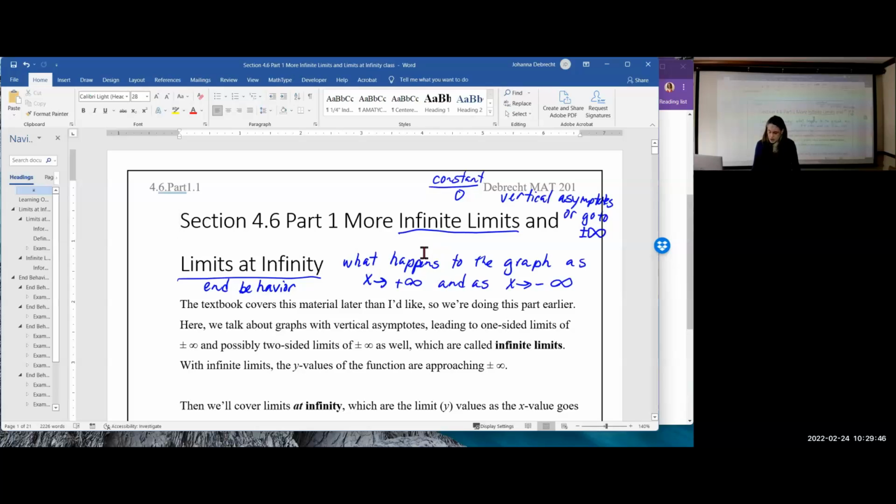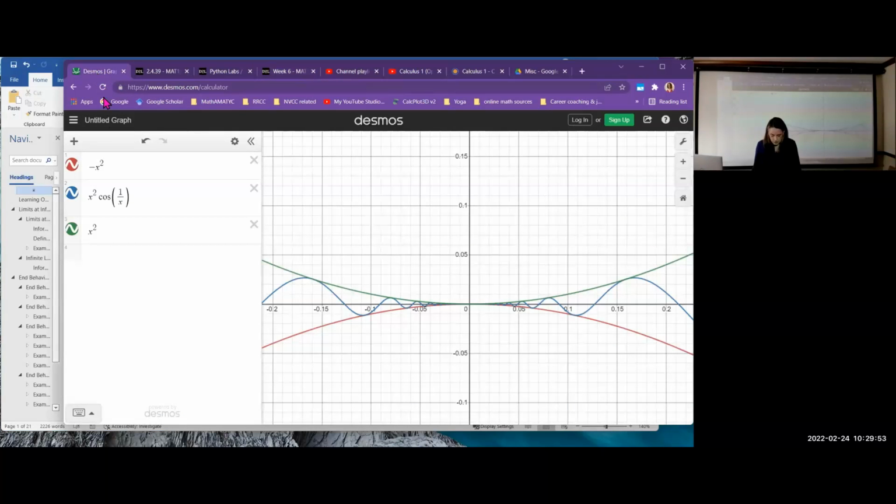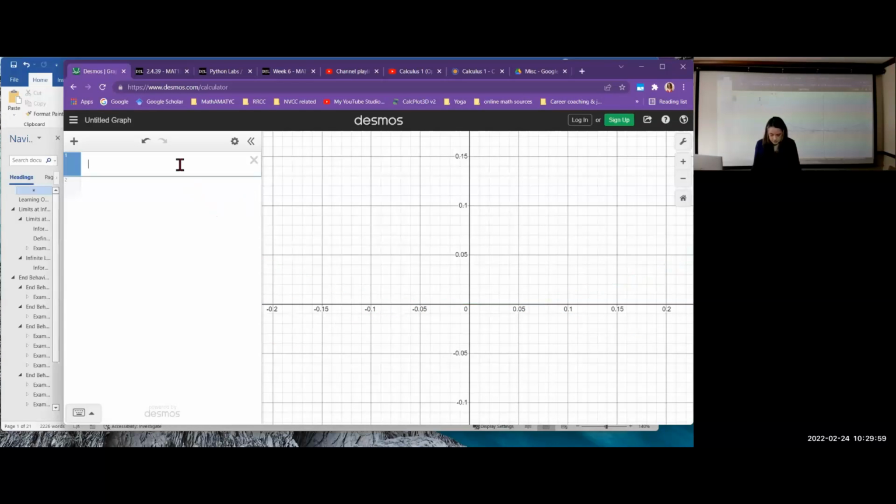All right, so I'll show you a couple of different types. And let's see if I still have that graph in here, if it'll work. Yeah, that looks good.